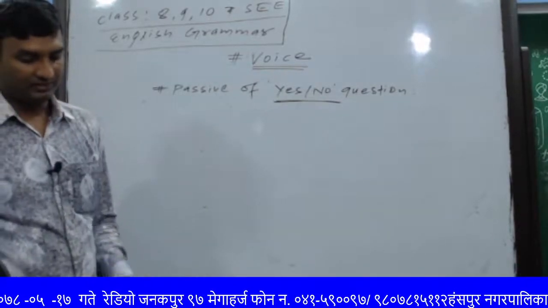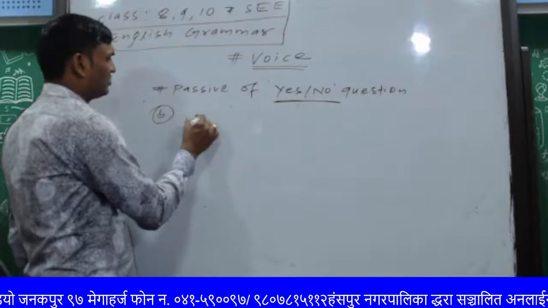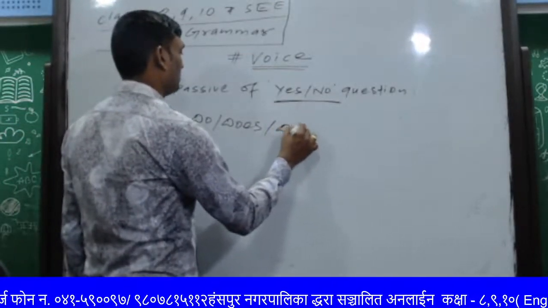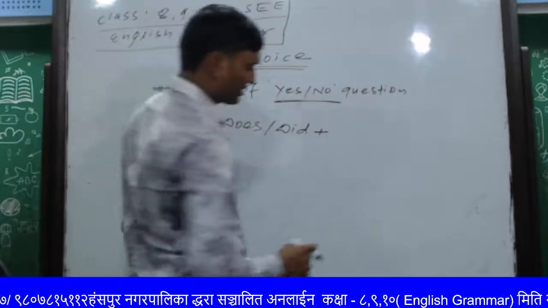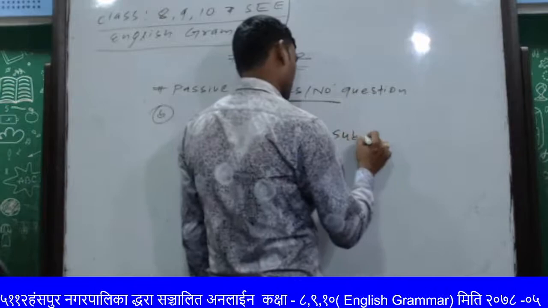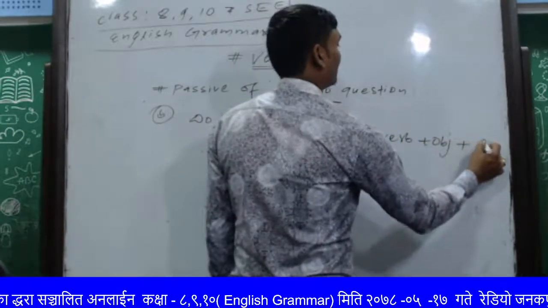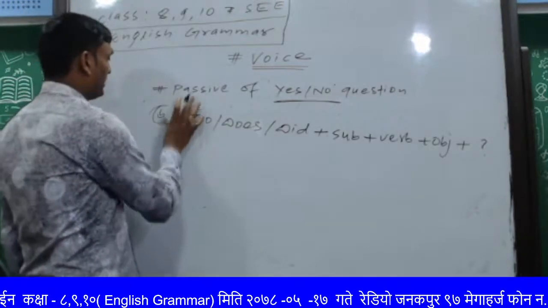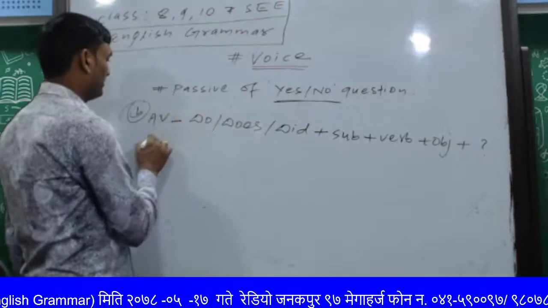So number B, it means do or does or did plus subject plus verb plus object. And at last, question mark. This one is AV, AV means active voice. Then PV.